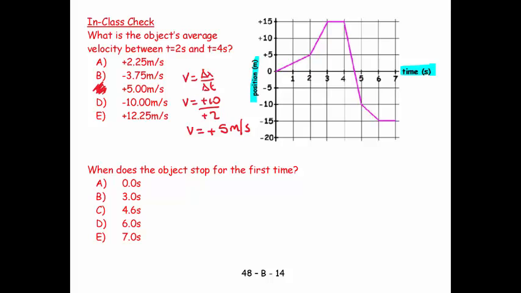I stop when I stop moving. I'm moving for the first 2 seconds, and I'm moving for the next second. I stop moving there. So I would say on this answer, this would be 3 seconds. I stop moving at that point there, and it's 3 seconds.